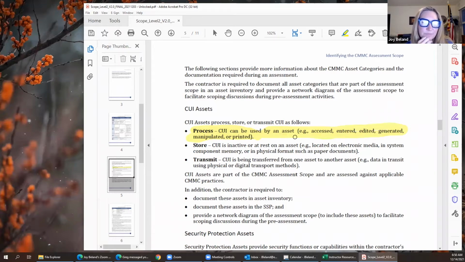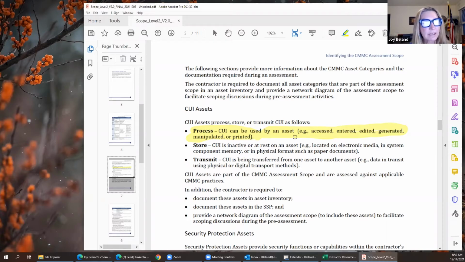You see that there? MSPs no longer have any ambiguity between, well, if I don't actually process, store, or transmit CUI, am I going to be a part of the assessment process or need to be assessed myself? Ambiguity, all gone. Accessed, that one word right there is the game changer. So external service providers are going to be looking at this in a different way.